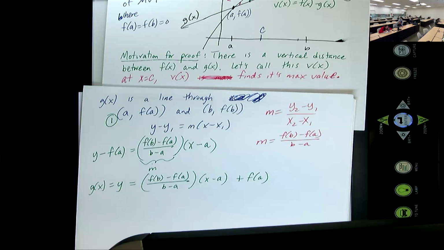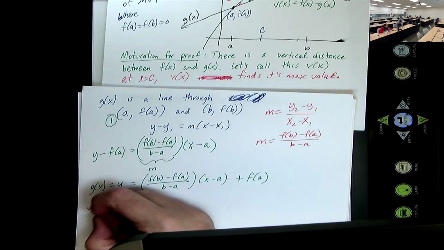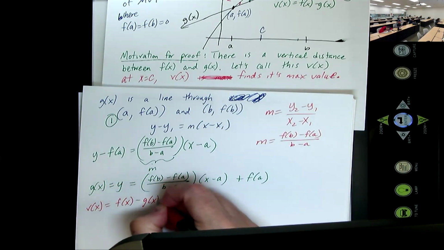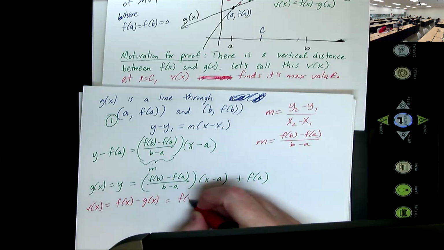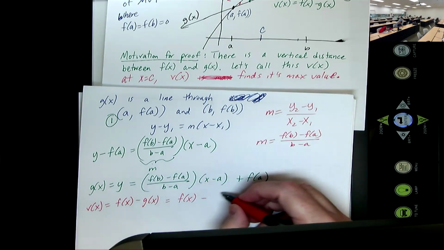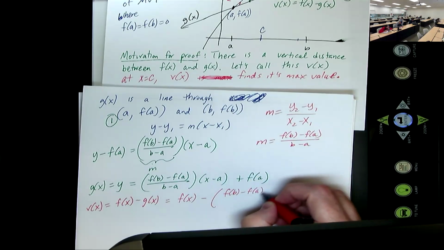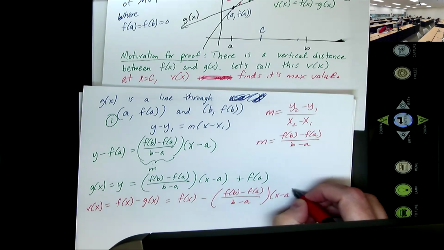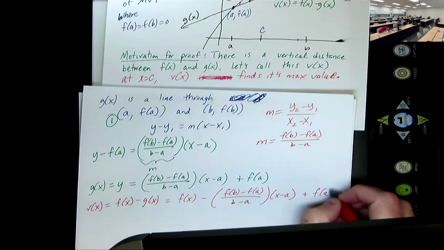And now we have our f of x, we have our g of x, we can put them together. b of x is f of x minus g of x, which is f of x minus f of b minus f of a over b minus a times x minus a plus f of a.